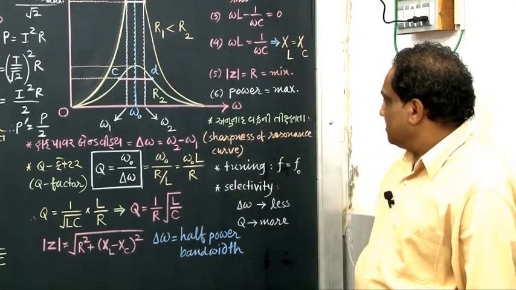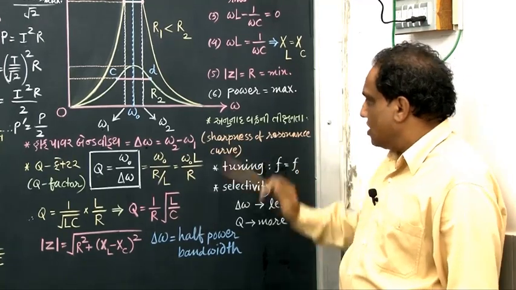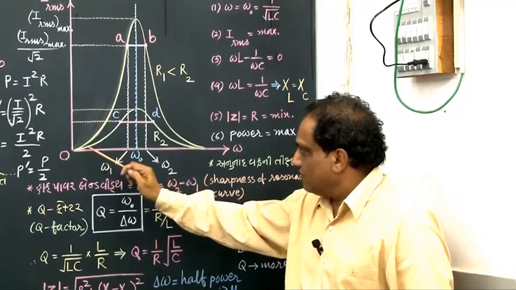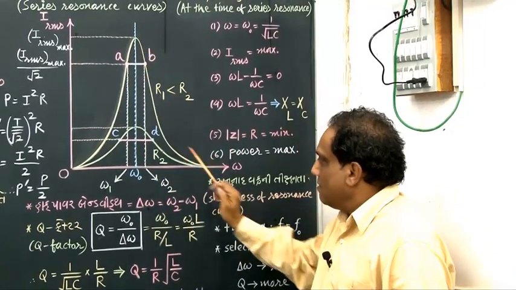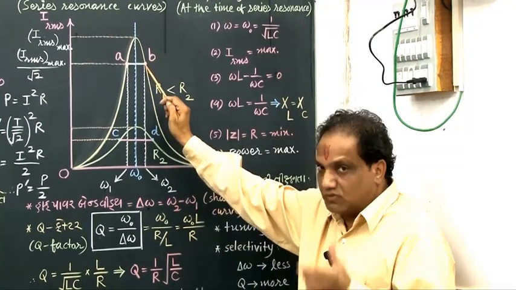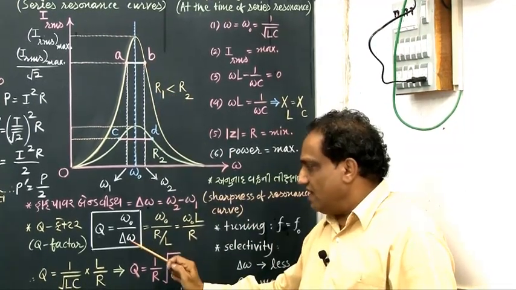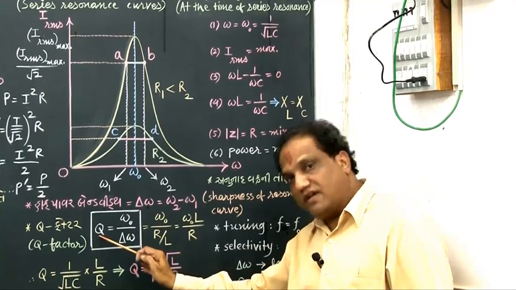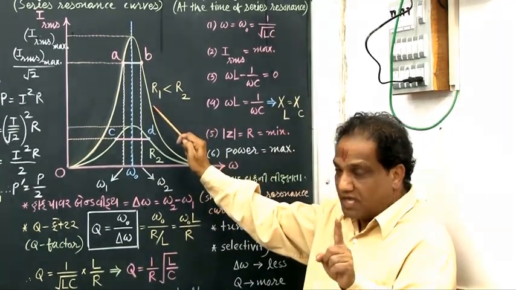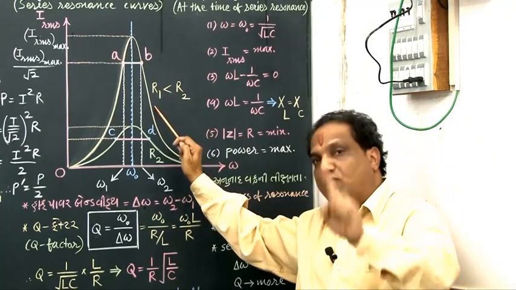Now the last point, sharpness of the resonance curve. Compared to this resonance curve, the sharpness of this resonance curve is more, but its bandwidth is shorter, smaller. When the bandwidth decreases, Q factor will increase. So the Q factor of this curve is more and its sharpness is also more.